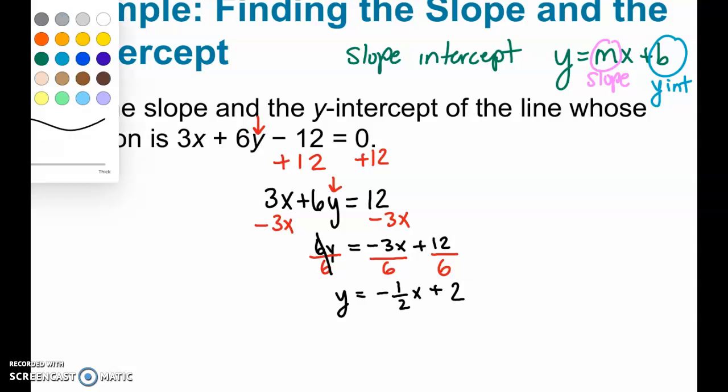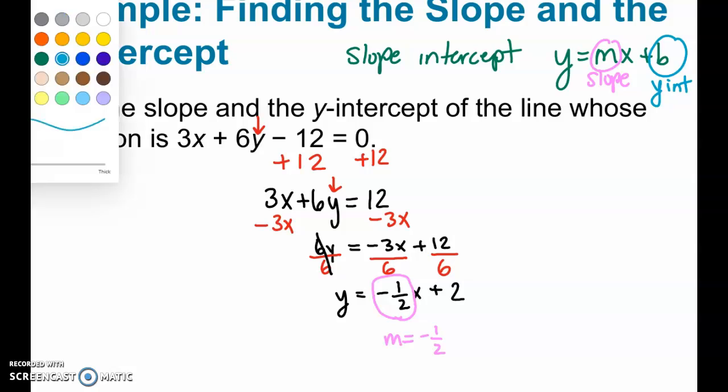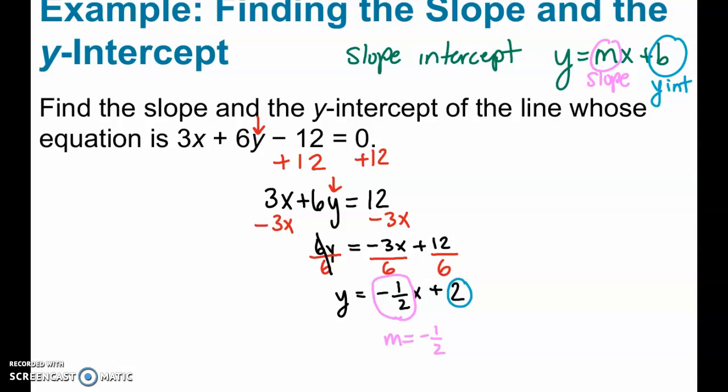So now that I have solved for y, the coefficient on the x is the slope, and the number that's by itself, 2, that's the b, which is the y-intercept.